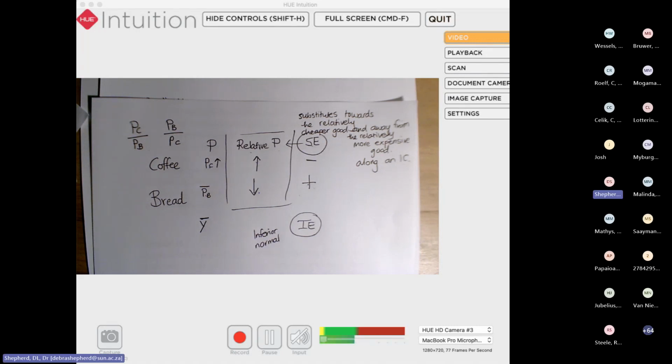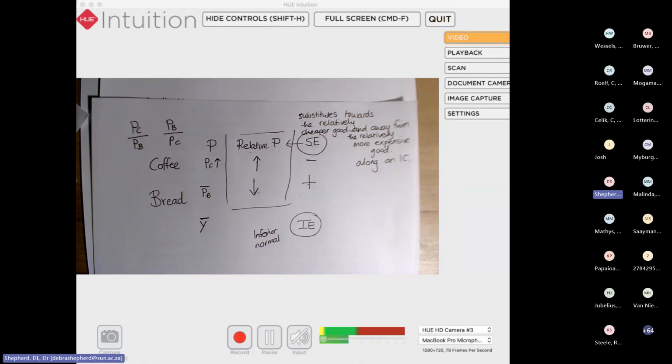Okay, so I'm going to change that slightly. Normal goods, we consume more of when we have more income, and inferior goods, we consume less of when we have more income. So think about inferior goods this way.